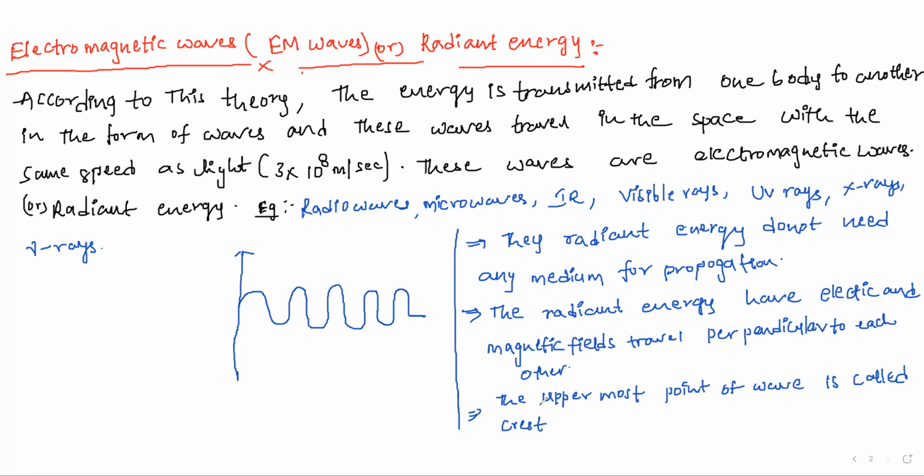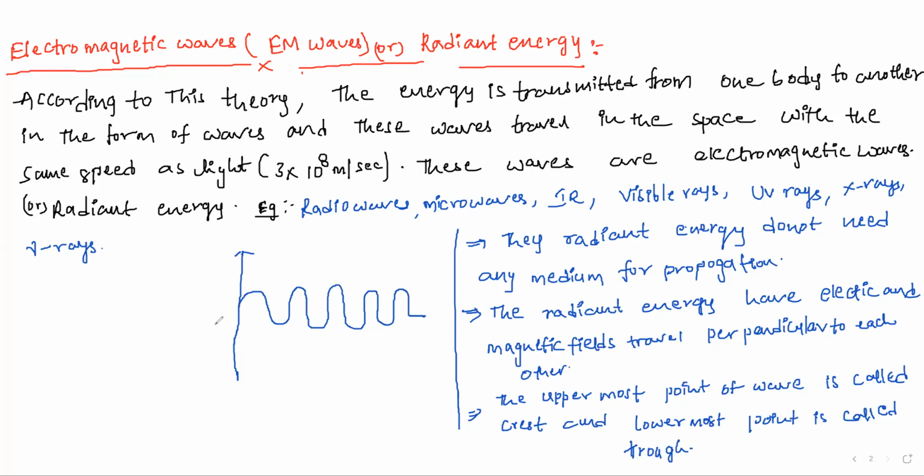And the lowermost point is called trough. Okay. So actually this is the wave.